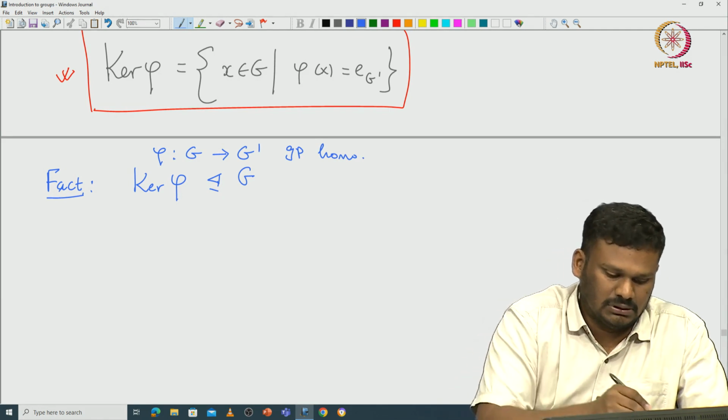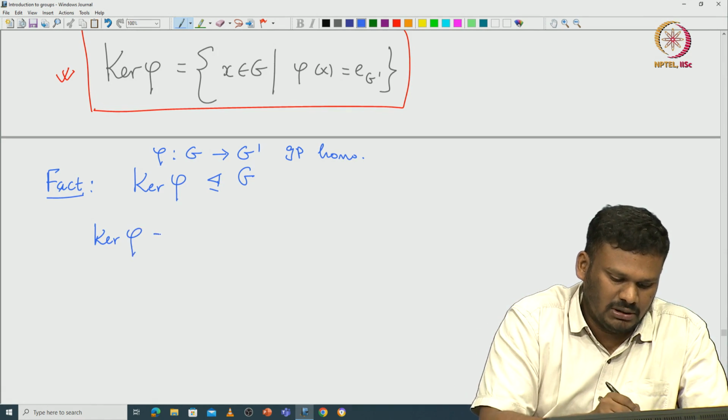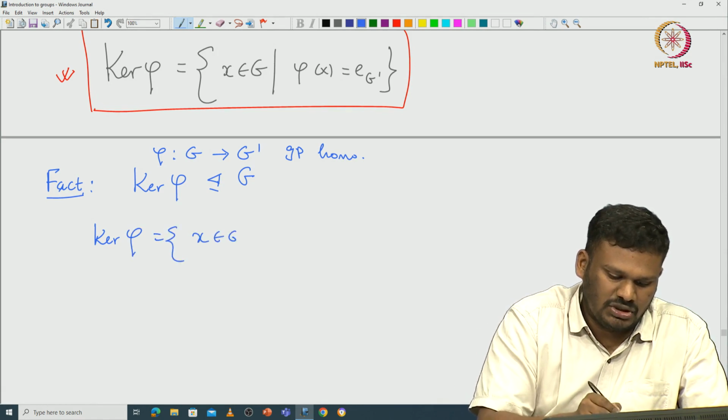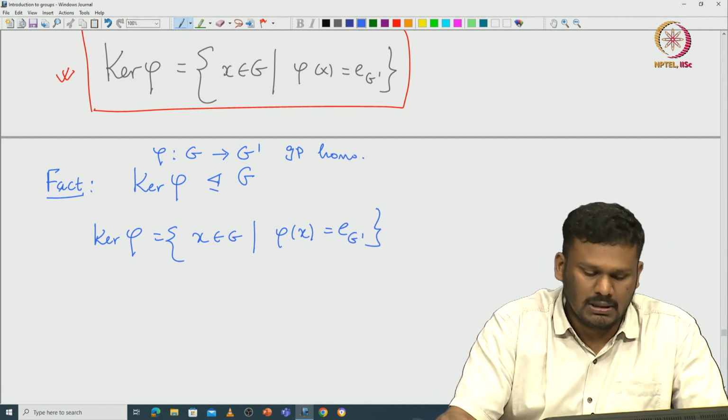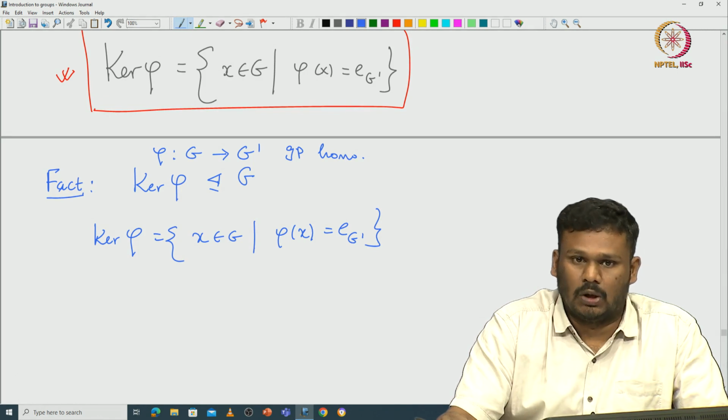Then you have the kernel, which by definition is those x in G which are mapped to the identity element in G dash. Our claim is that it is a normal subgroup.